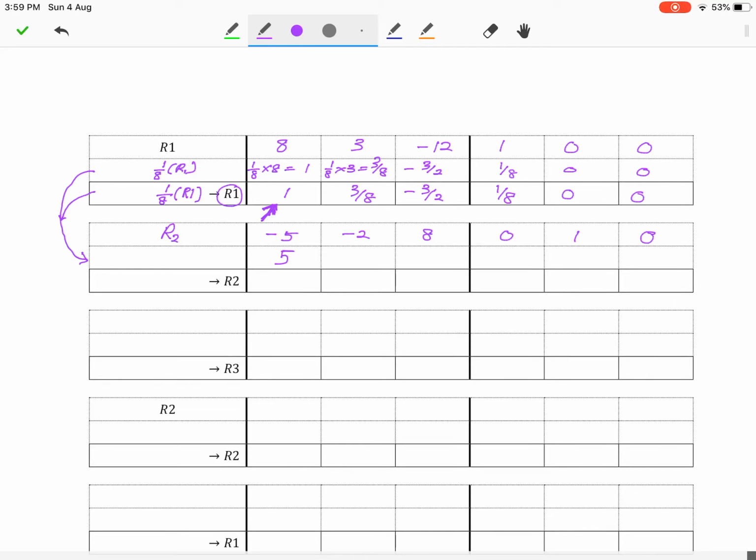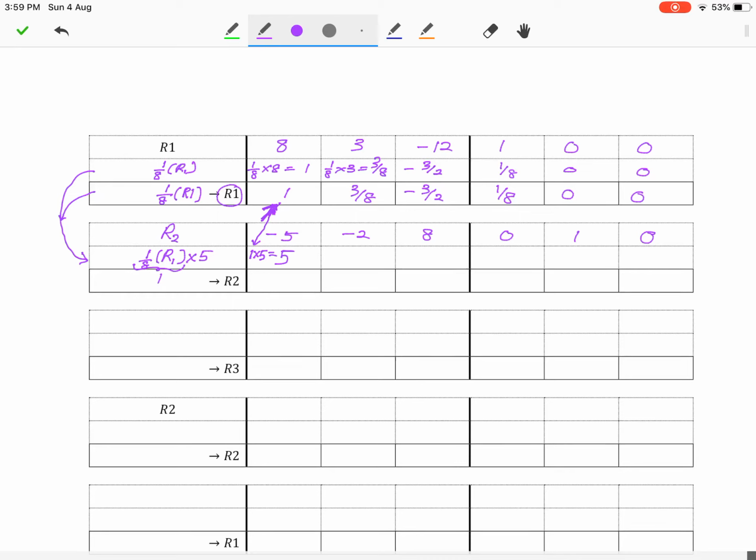So how are you going to do that? If you think carefully, you can take 1 multiplied by 5 to get 5. In other words, I can take 1 over 8 multiplied by R1, which is actually 1 in a way, multiplied by 5.